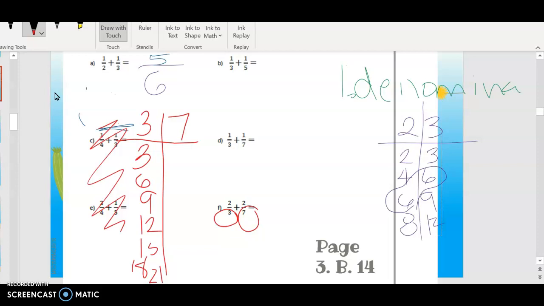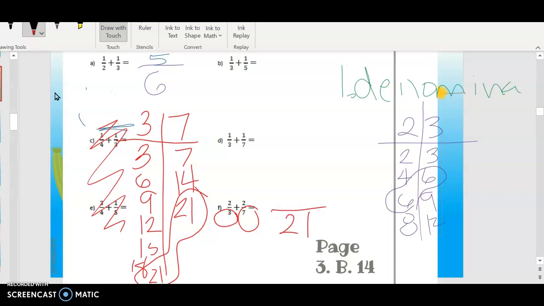Okay, now let's count by 7. 7, 14, good. What's next? 21, and there it is. We've already found it. Look, 21. That means that whatever my answer is here, the denominator has to be 21.